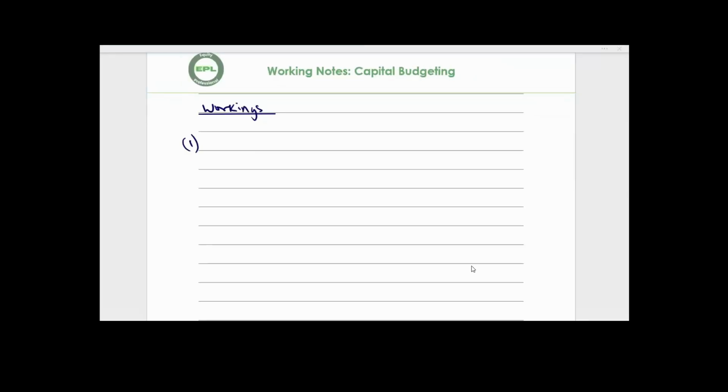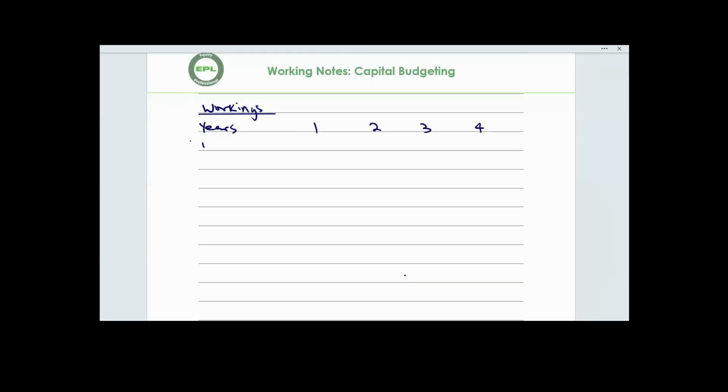So working number 1, let's go back to the question. Are we given number of units? Yes, we are given number of units. We are given demand. All right, so first thing first, I need to determine the years. We have year 1, year 2, year 3, year 4. Let me push it a little bit to the front.